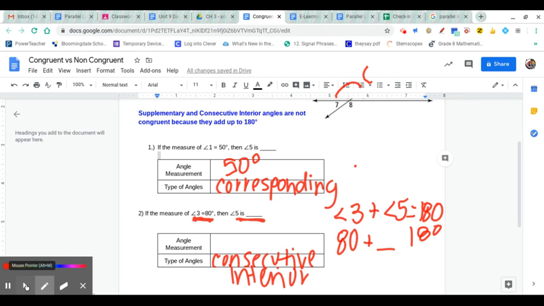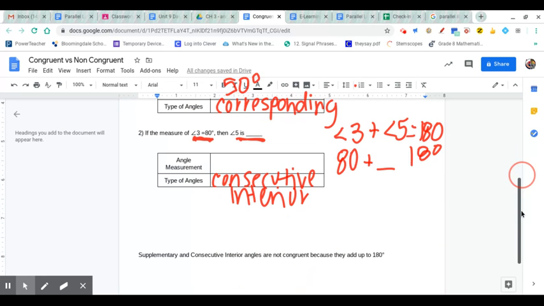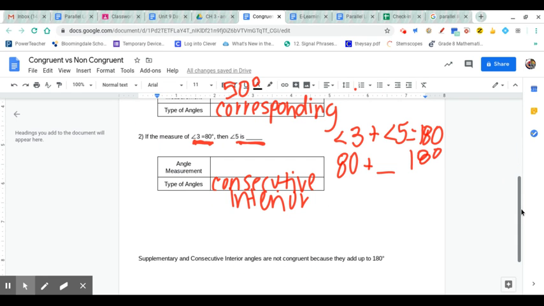In this case, I have to subtract 80 from 180, and I'm going to get 100. So that degree is going to be 100.